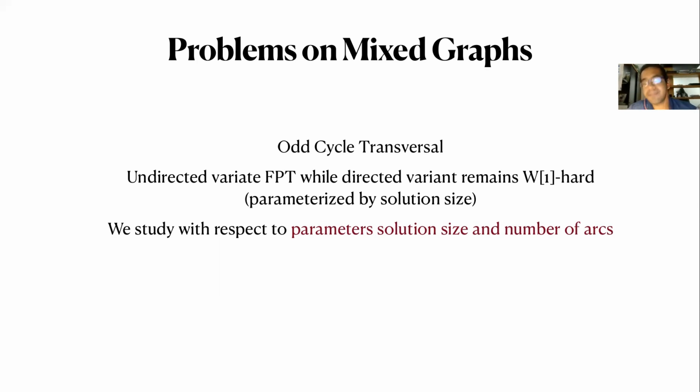And therefore, what we initially tried to achieve, a fixed parameter tractable algorithm for mixed graphs, is not possible, as directed graphs are a special case of mixed graphs, and an FPT algorithm for mixed graphs would immediately imply an FPT algorithm for directed odd cycle transversal, which would be a contradiction to the fact that directed odd cycle transversal is W[1]-hard.